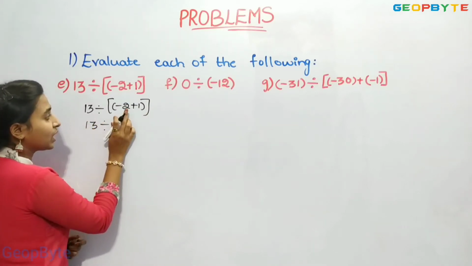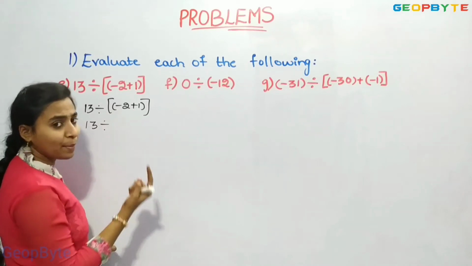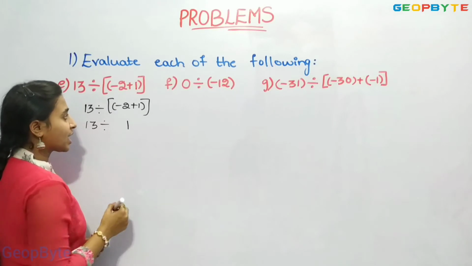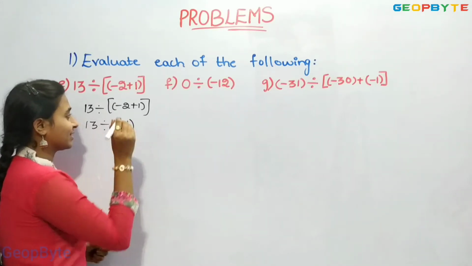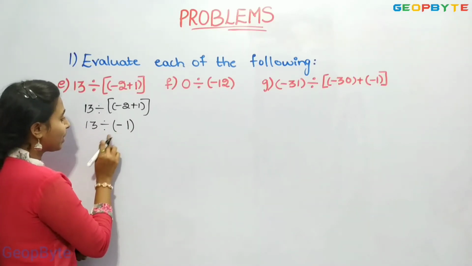Solving the numbers in the brackets, that is minus into plus is minus, 2 minus 1 is 1, but the sign of the greater number is minus. It is minus 1. Now, we got 13 divided by minus 1.